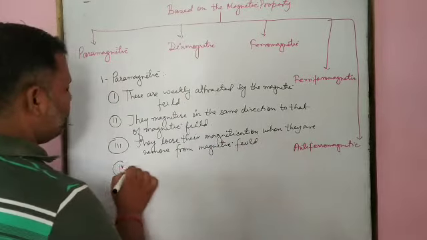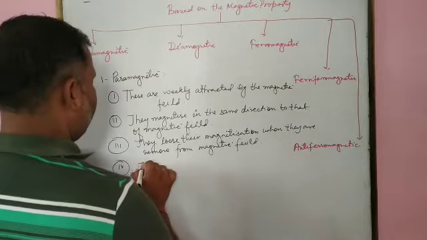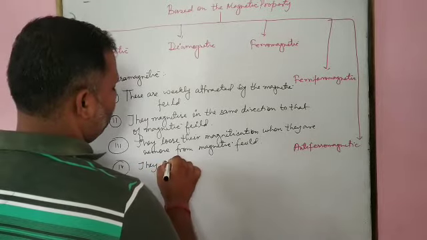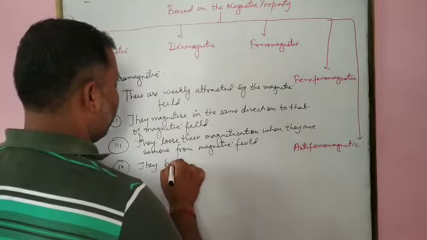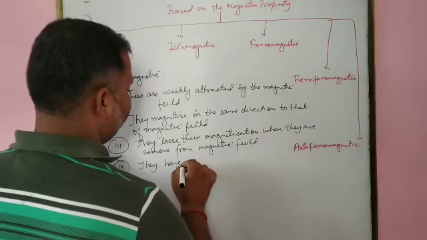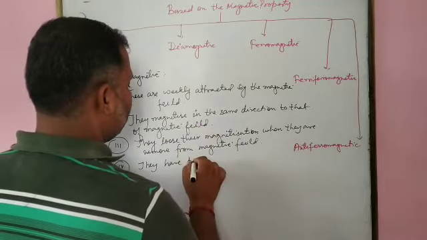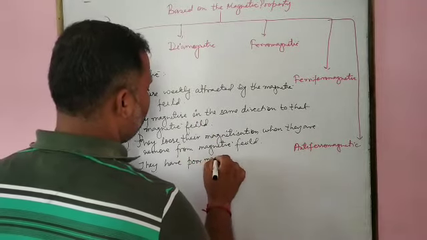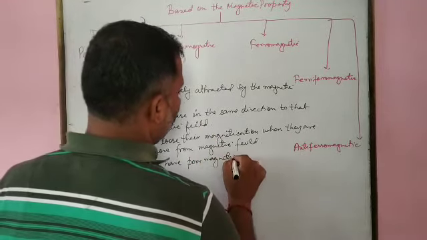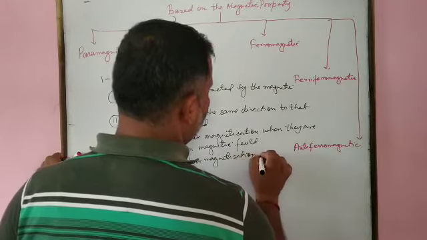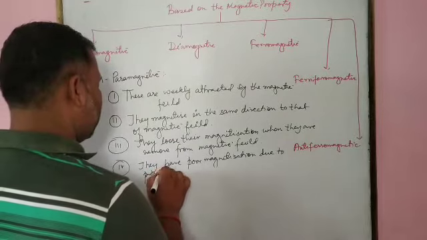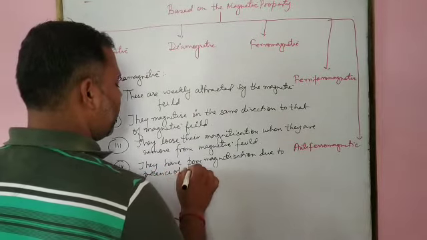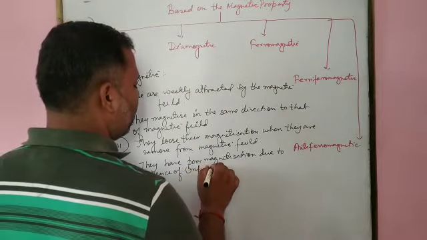The next, they have poor magnetization due to the presence of unpaired electrons.